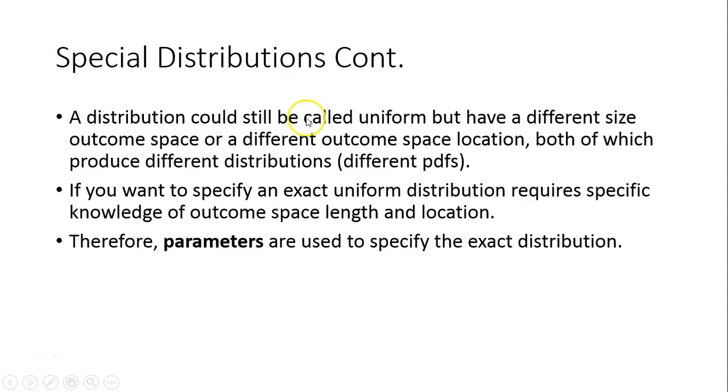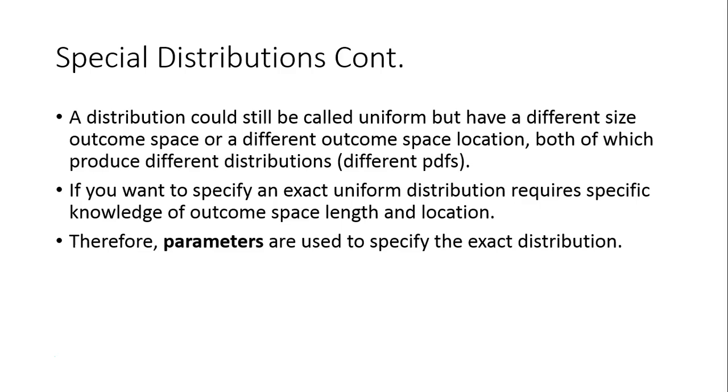A distribution could still be called a uniform, for example, but have a different size outcome space or a different outcome space location, both of which produce different distributions and will have different PDFs. For example, in the first example, it was a uniform between 2 and 10, and the PDF, or f of x, was 1/8, if you remember.